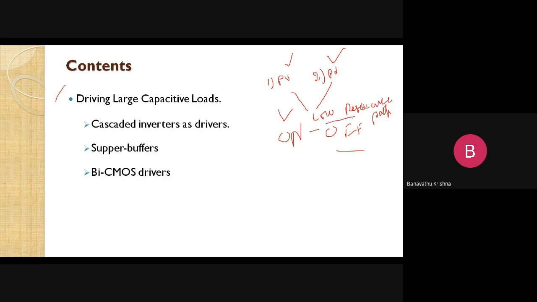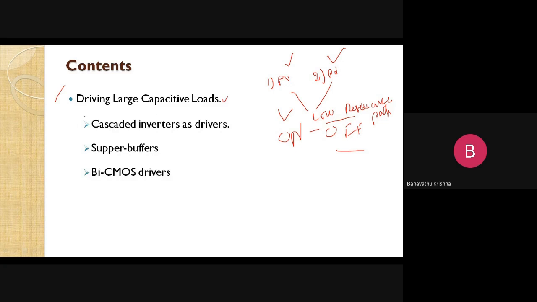Then, if the capacitive load is connected, it is going to charge within less time, so automatically the system performance increases. This is the basic idea behind driving large capacitive loads.